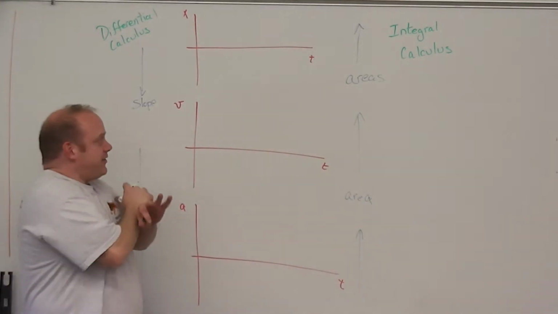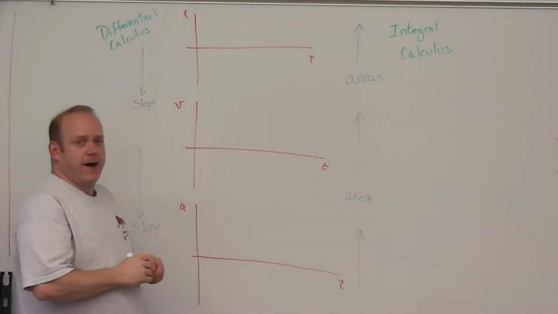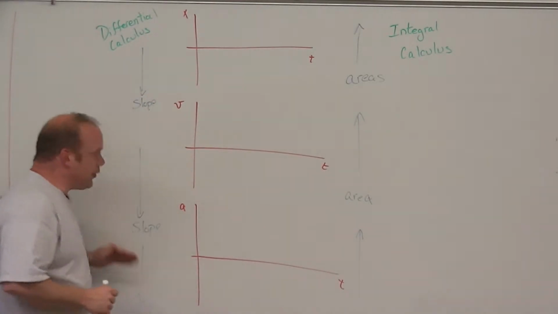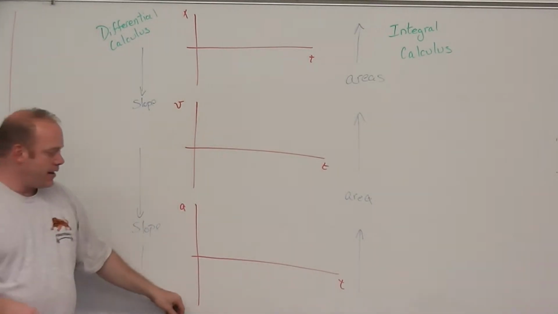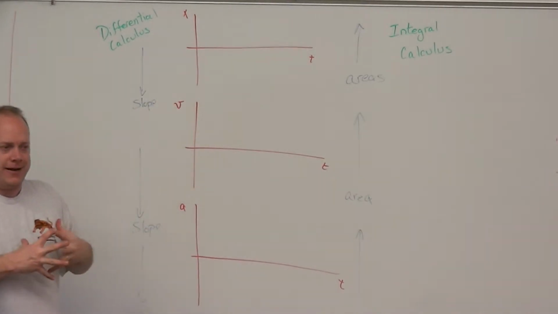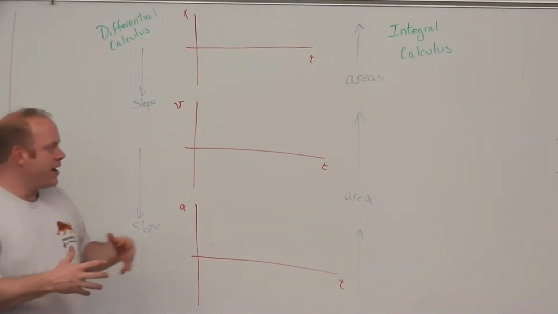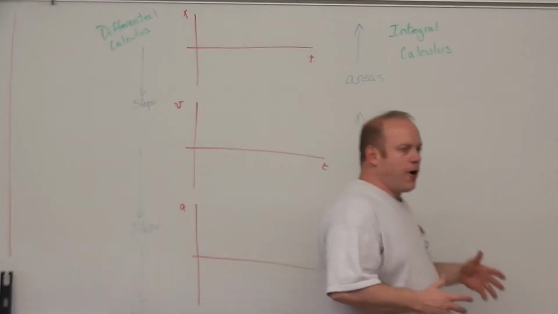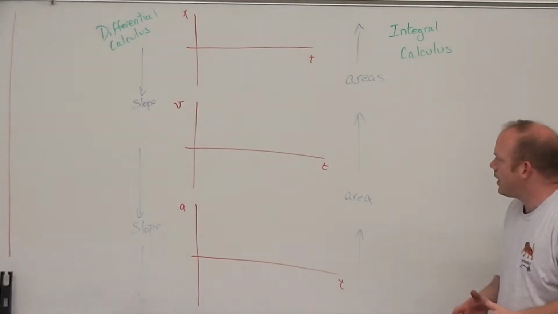That's it. That's the fundamental basis of all of calculus. You're finding slopes, you're finding areas. Physics and calculus are intimately tied together. It's very hard to do one without the other.